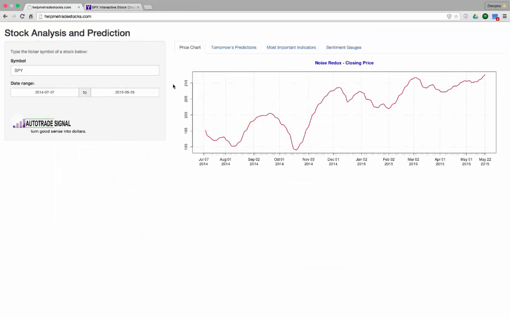By the way, this is not just a line drawing of the closing chart, but what we've done is we've estimated the noise in the closing prices of the SPY, and we've simply removed a lot of the market noise. It's a variable setting, and this setting seems to be pretty good at removing most of the noise without removing a lot of the small nuances and little bumps along the way.